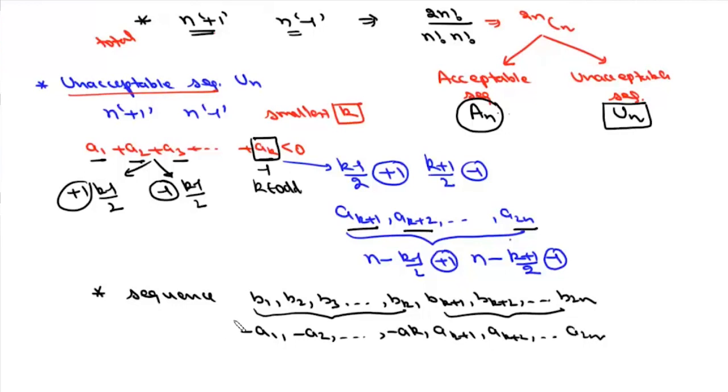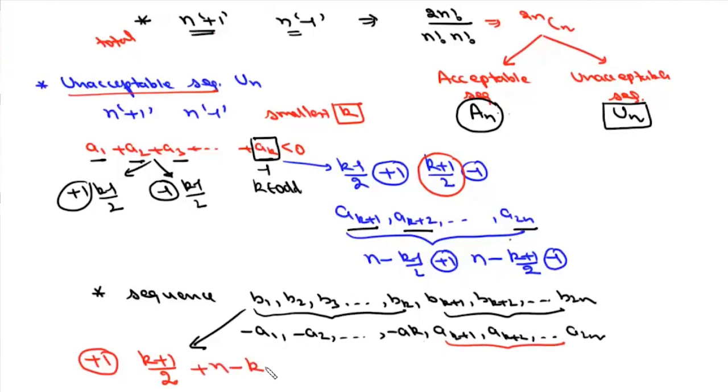Now in this sequence of b, the number of plus 1s will be k plus 1 by 2, plus n minus k minus 1 by 2. So here k by 2 and k by 2 will cancel. We'll get this as n plus 1. And if we look at the number of minus 1s, it will be the number of plus 1s in the previous sequence.